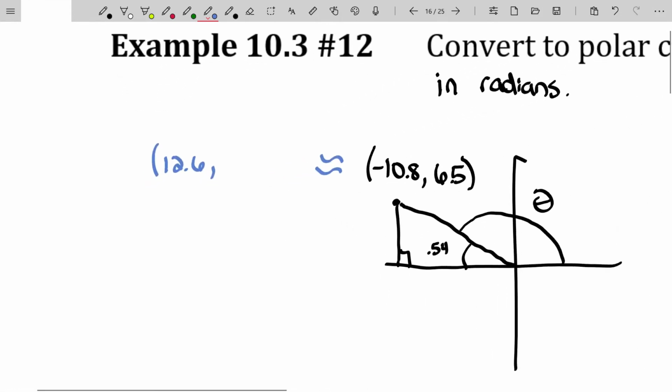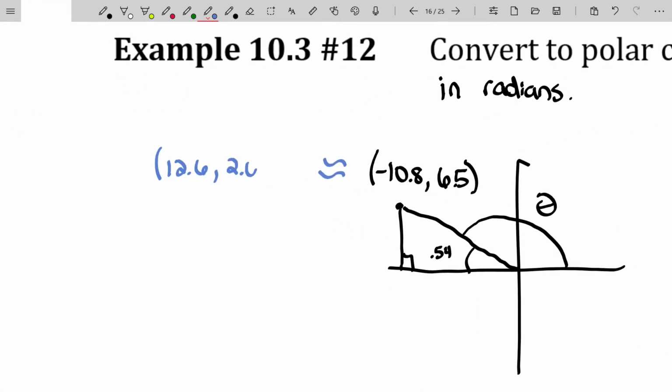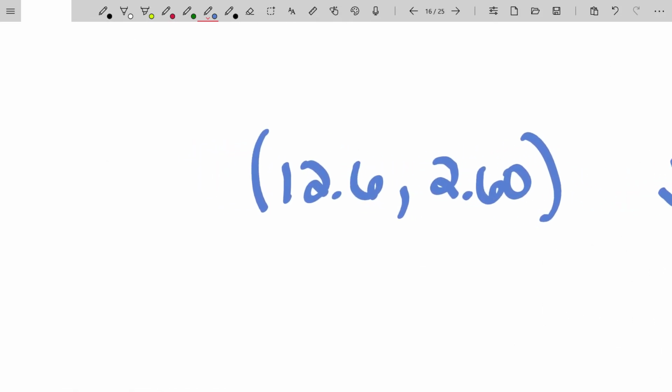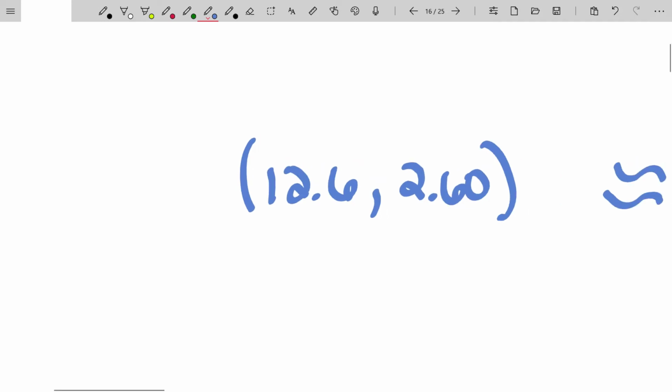comma, 2.60. This brings up kind of an interesting little thing here. So this polar coordinate, as it's written, looks like it's a Cartesian coordinate because it doesn't have a degree sign on the angle. But unfortunately, that's just how it is when you're working in radians, that your points in polars kind of look like Cartesian points, right?